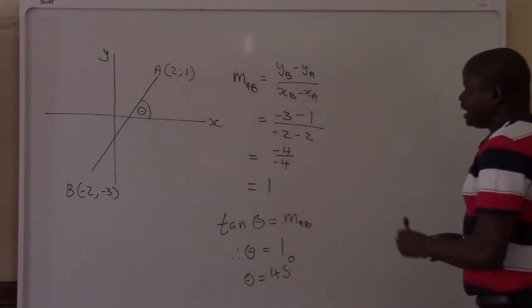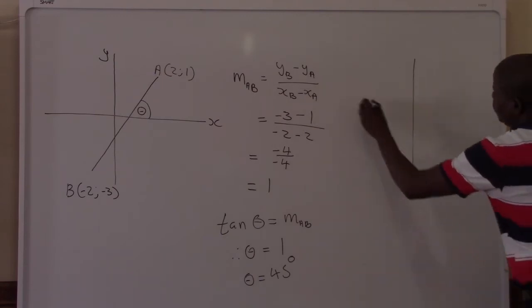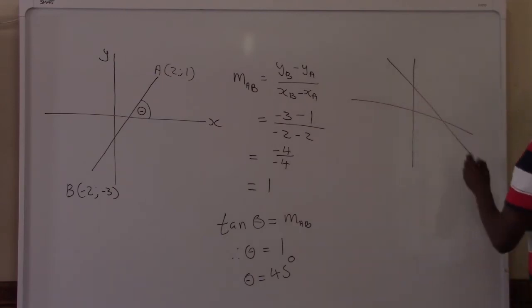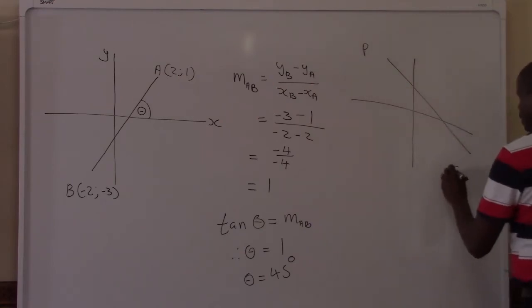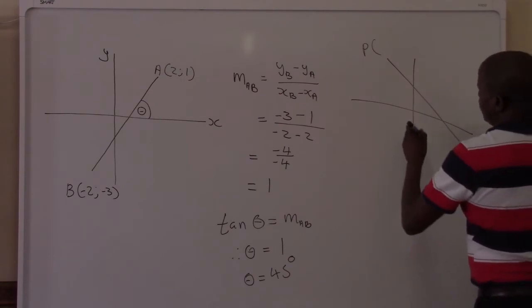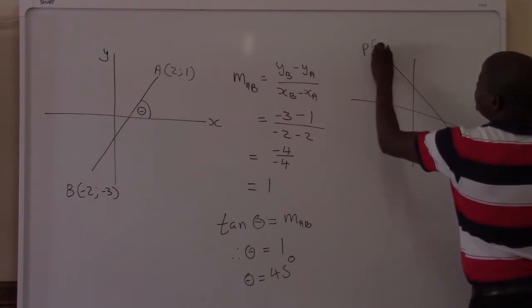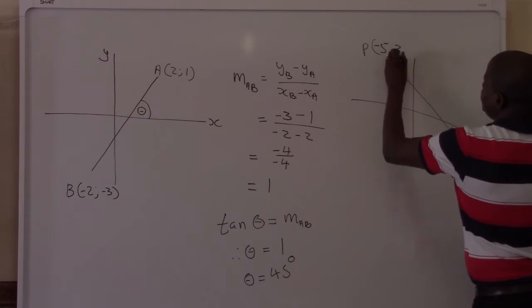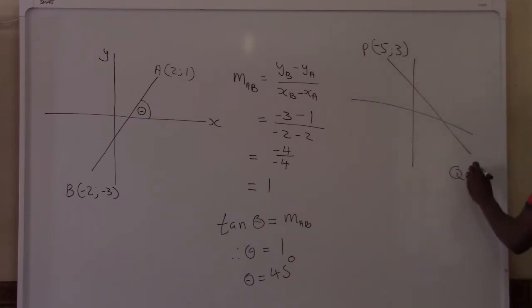Let us take a look at another example. Let's say we have another line that goes like that. Let's say this is P, this is Q, and P is negative 5 and 3, and Q is 7 and negative 5.